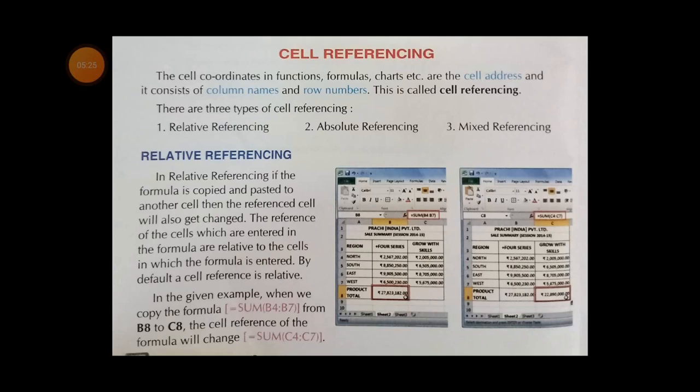The cell reference of the formula will change to equal to SUM(C4:C7). B4 to B7 changes into C4 to C7 because we copied and pasted the same formula from B8 to C8. This is called relative referencing.